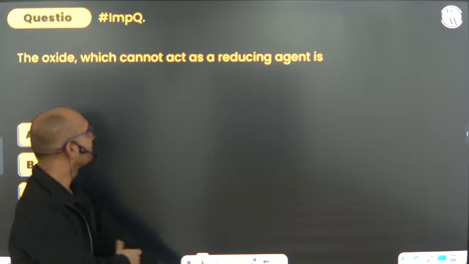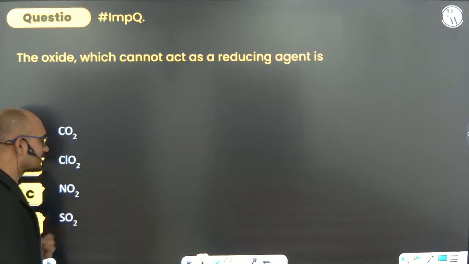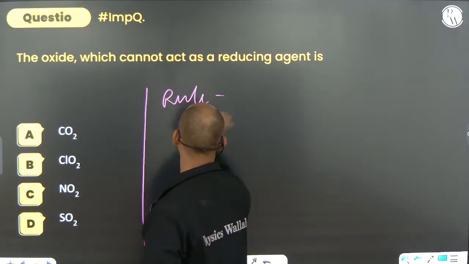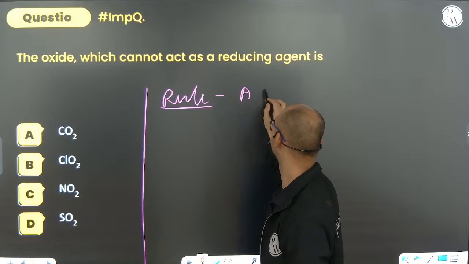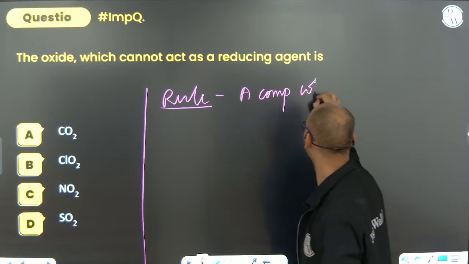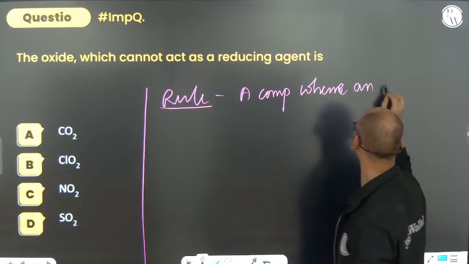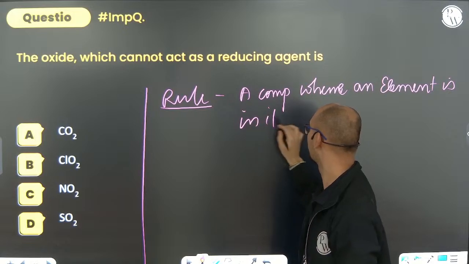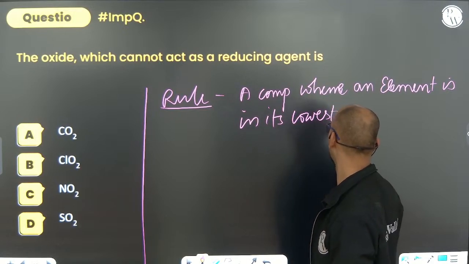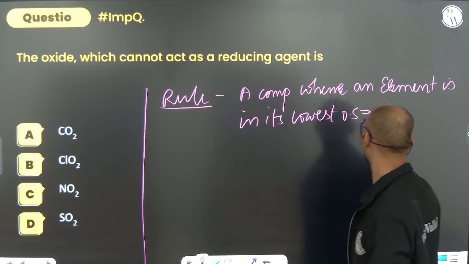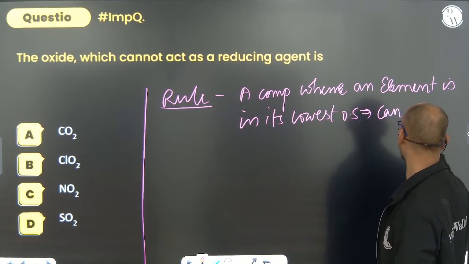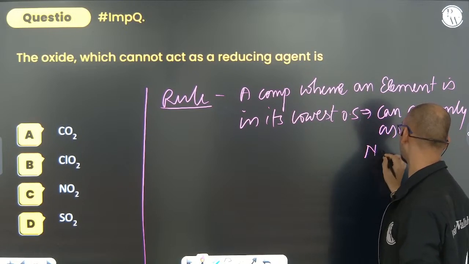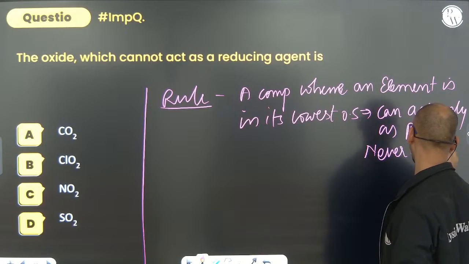Which oxide cannot act as a reducing agent, or cannot act as an oxidizing agent? Always remember, as a rule, a compound where an element is in its lowest oxidation state can act only as a reducing agent, never as an oxidizing agent.